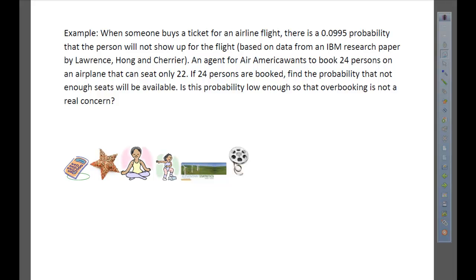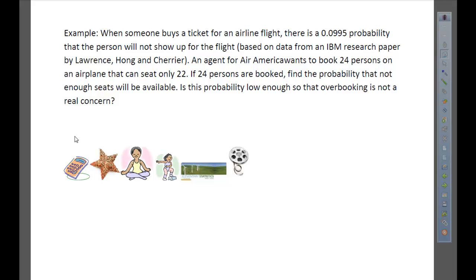so is this binomial? Okay, right. Yes, because we've got what? Okay, we've got a set number of trials. We're looking at 24 people, right? What else? Probability is the same. They tell us 0.0995. We got the two outcomes.